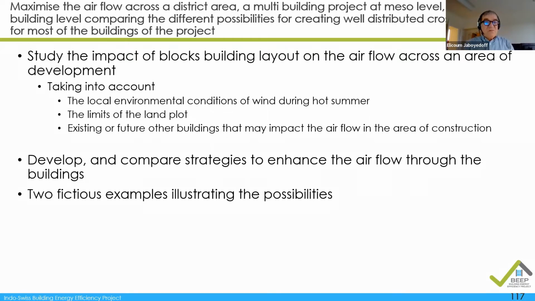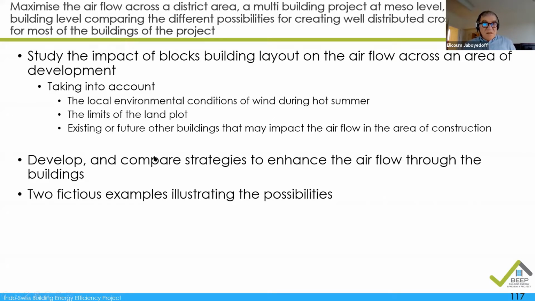So we can study a priori the impact of block building layout on airflow across an area of development. You take into account the local environment. This is a repetition, but I think it's important to realize what it means: the limits of the land plot. In the example we have shown, the limit of the land plot is respected even if we vary the geometry of the building. And one can also use the software to predict what would happen if new buildings come around the project.